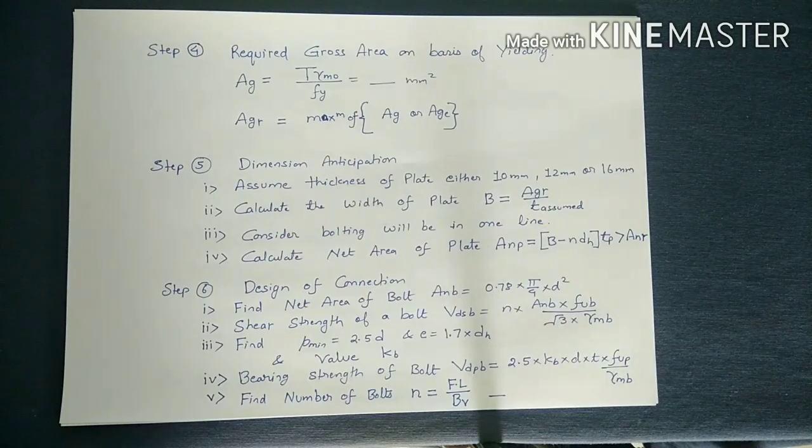Now you have to find minimum pitch and edge distance to find out the value of KB. After knowing the value of KB, you can directly put this value in finding the bearing strength of the bolt. Then find the number of bolts by dividing factor load by bolt value. After completing this step, you have to draw the diagram.